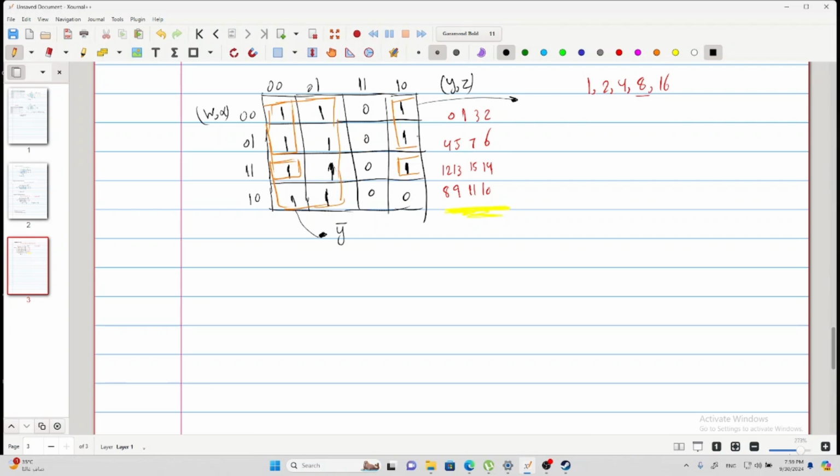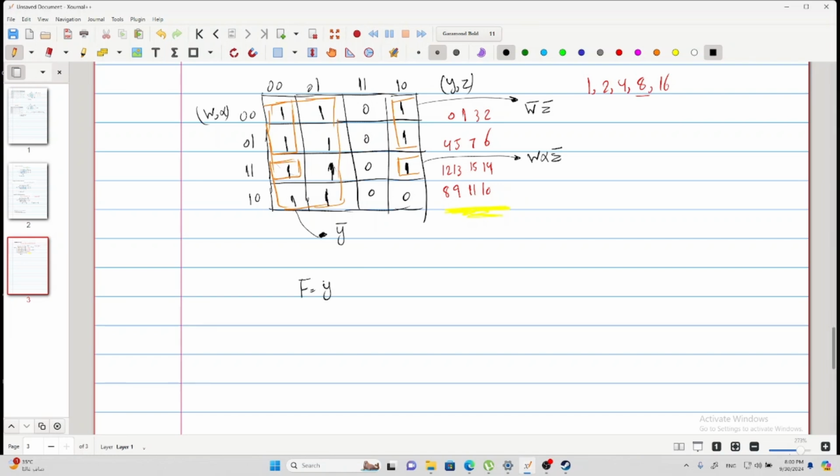Now this grouping, you see here W is constant, which is 0 and 0, so we write W prime, and then you see that Z is not changing, it's 0 and 0, so Z prime. Then you look at this group as well. You see that W and X are not changing, both of them are 1, and you see that Z is not changing, which is Z prime. So this is the expression.